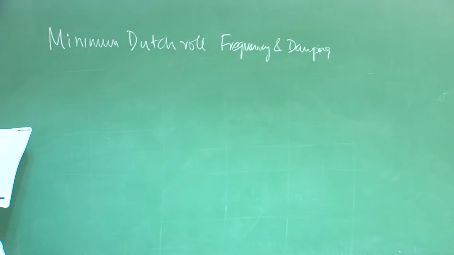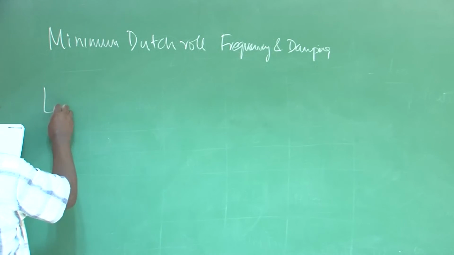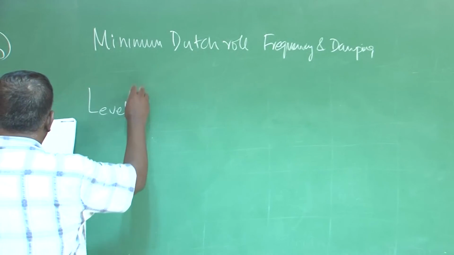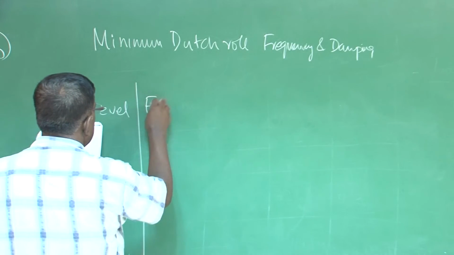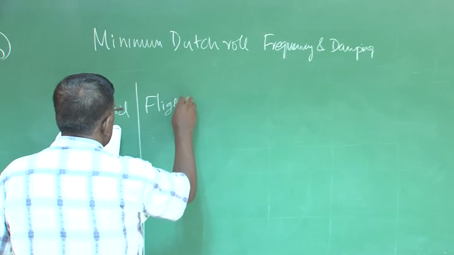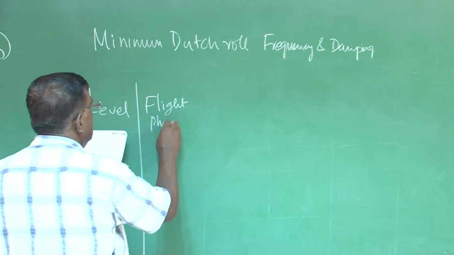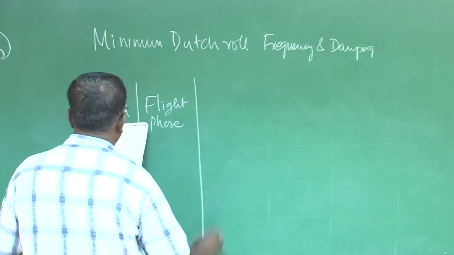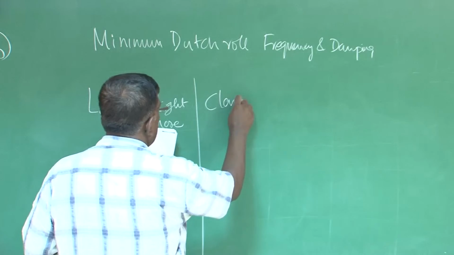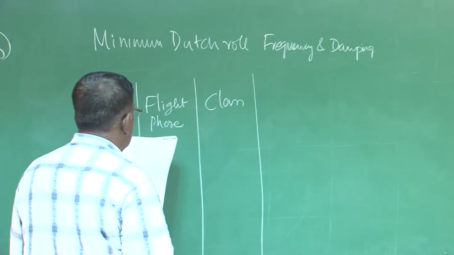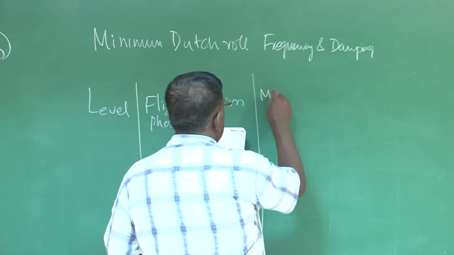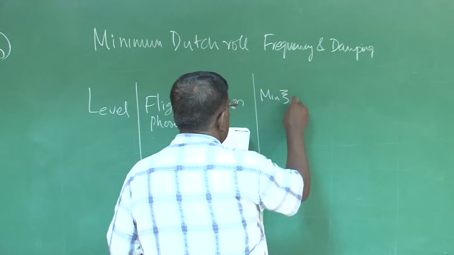Let me write. Again, this is level. Again, it is flight phase, which is category. Flight phase. Then comes class. You see, we have been always talking about this thing, class. And then it is minimum zeta Dutch roll.